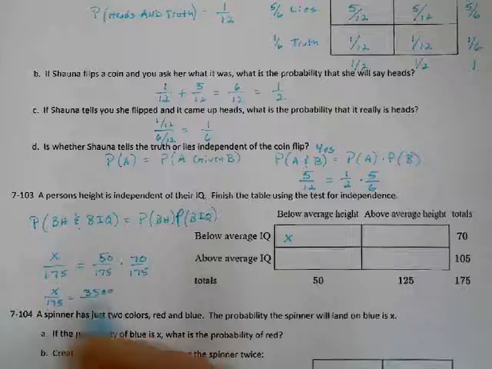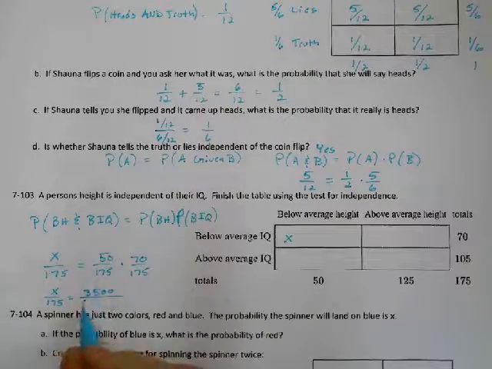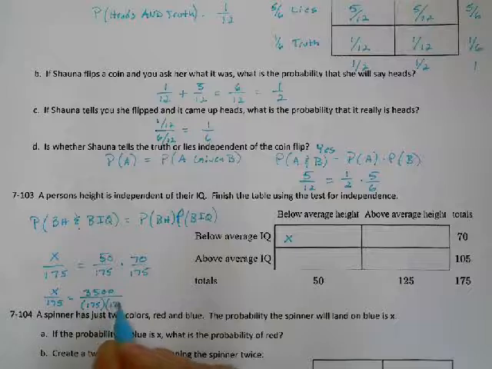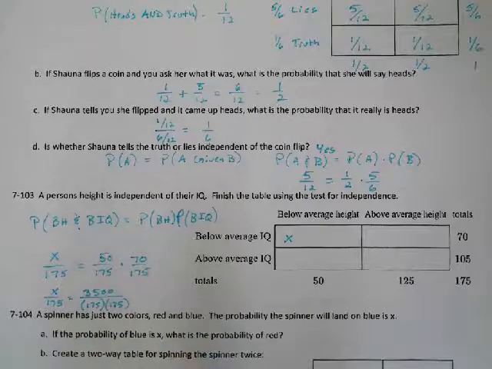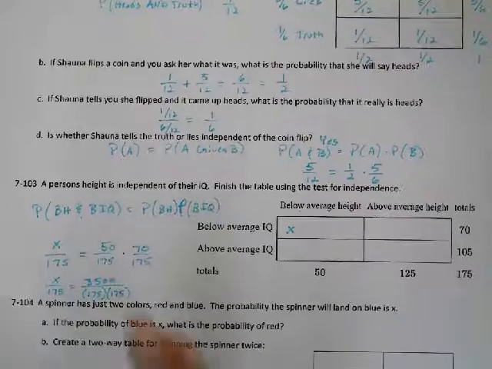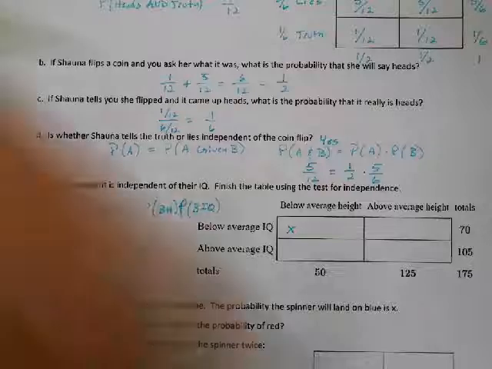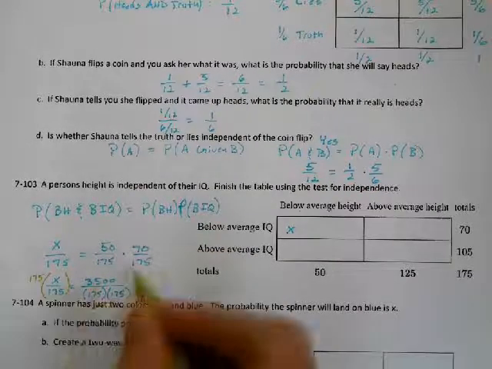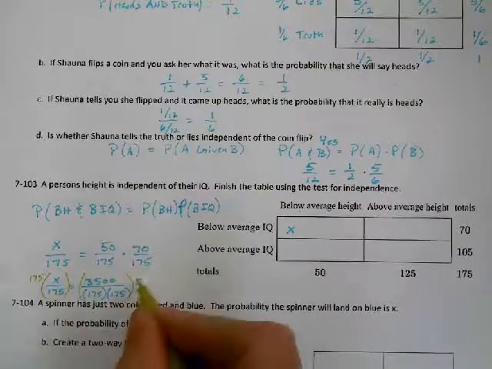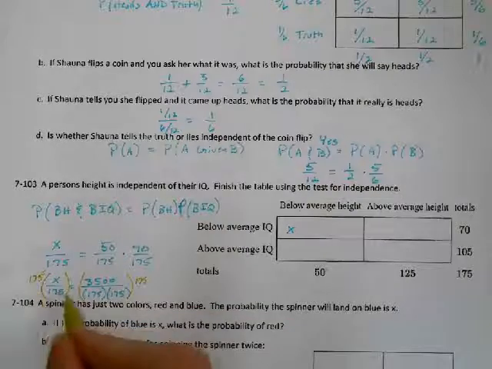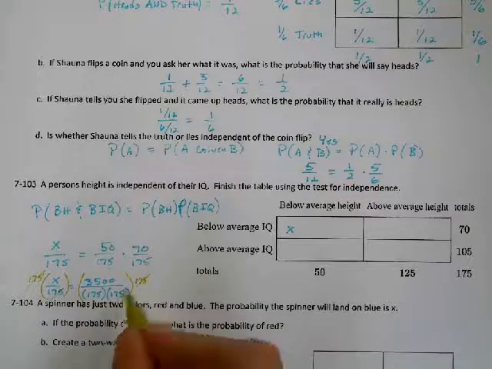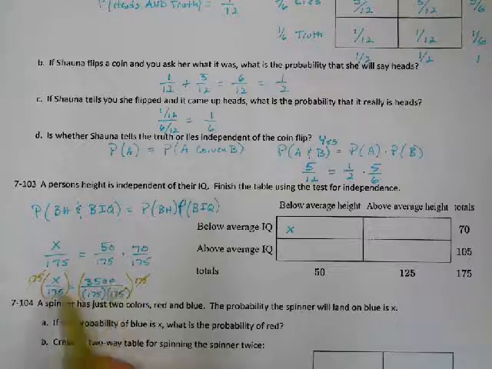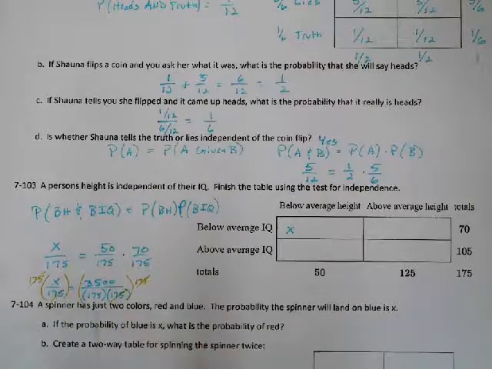Now over here I'm going to do something weird. I'm going to do 175 times 175. This is just going to make it easier on me a little bit, because now I can multiply both sides of that equation by 175. And then these cancel, and this cancels one of these. So I'm going to get X is equal to 3,500 divided by 175.